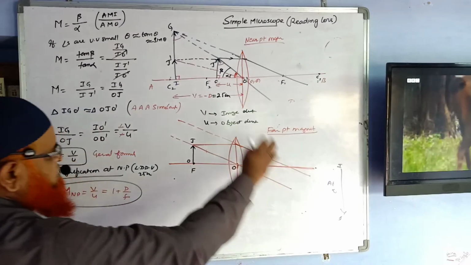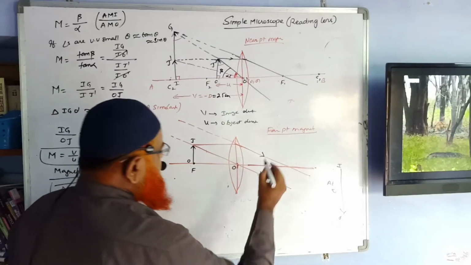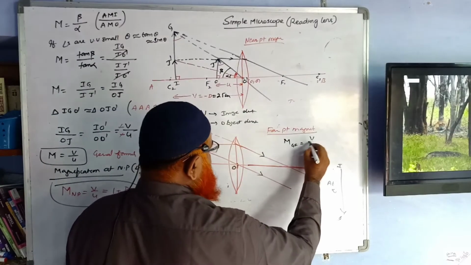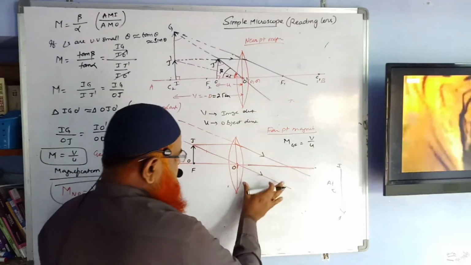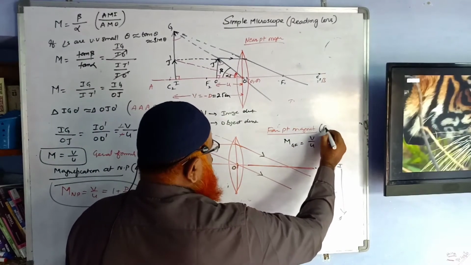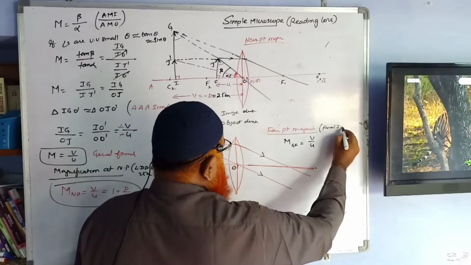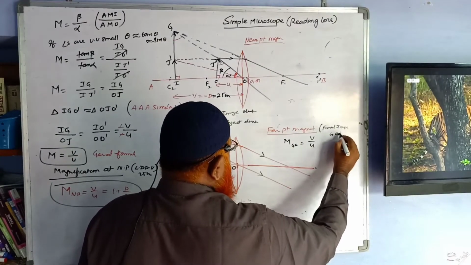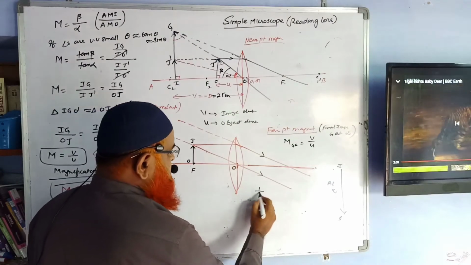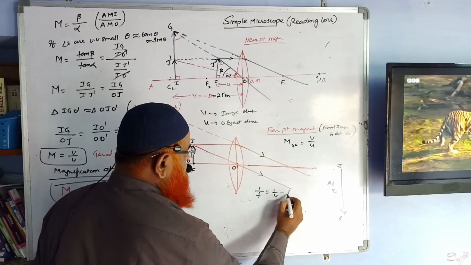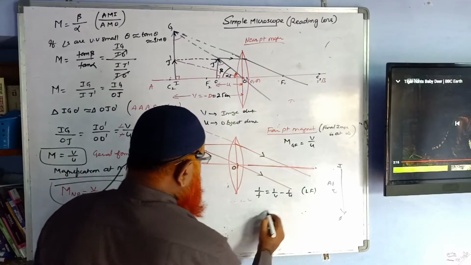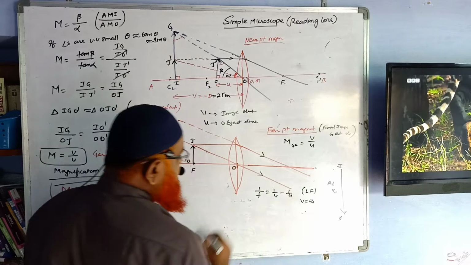Then, considering the far point magnification, the general formula for magnification is V by U. But in this case, the final image is at infinity. So what are you going to write now? You write 1 by F is equal to 1 by V minus 1 by U. This is called the lens formula. Here V is equal to infinity in this case.